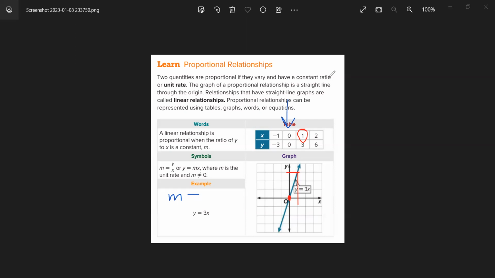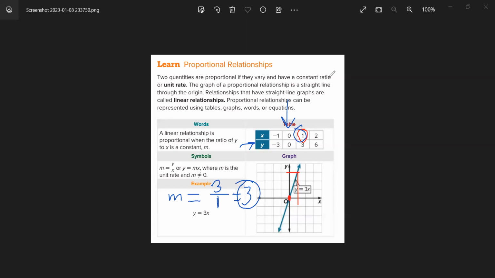Well, that is the result of Y divided by X. If we see here, let's do the first one. 3 divided by X. When Y is 3, X will be 1. So when we divide that, we find out that M is equal to 3, because 3 divided by 1 is 3. Okay? So the unit rate is 3.